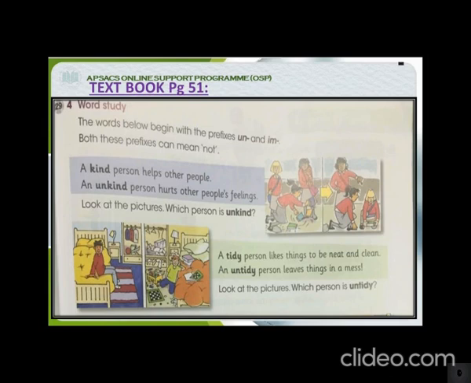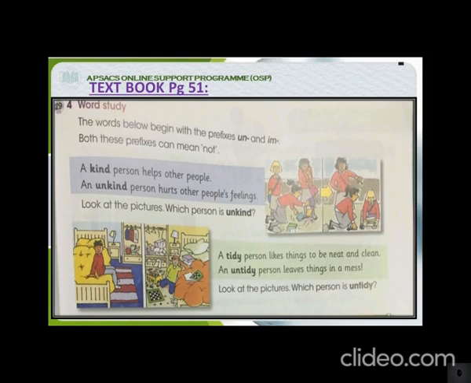Okay students, now I want you all to open textbook page 51. On this page, here are some sentences which will show you how the prefix un and im can change the word into its opposite word. Let's read the sentences in the purple box. A kind person helps other people.